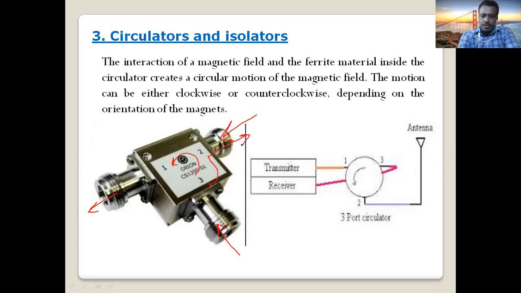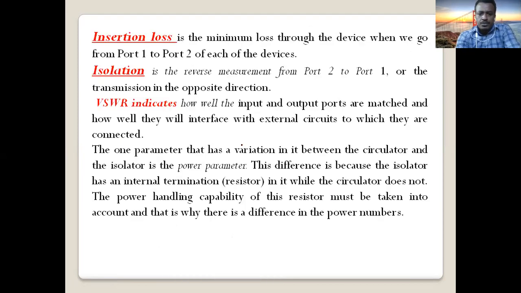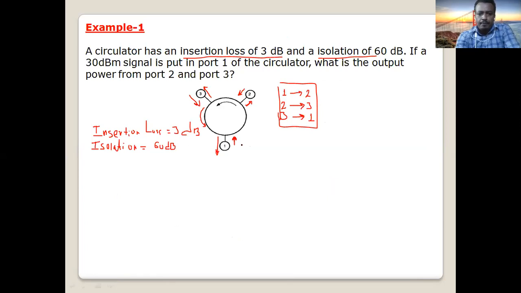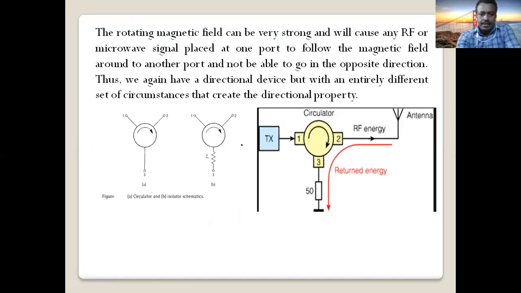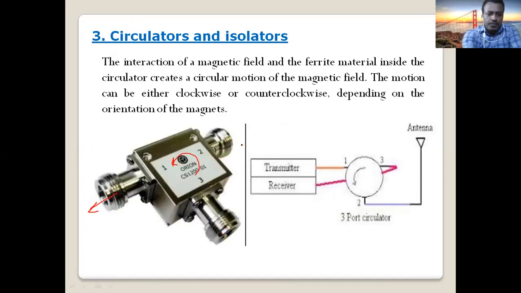So it's an anti-clockwise, 3-port circulator. Here you can see 3 ports, port number 1, port number 2, and port number 3. Let's say this is an anti-clockwise circulator, so this is the arrow.